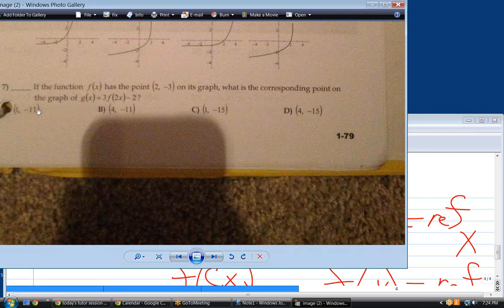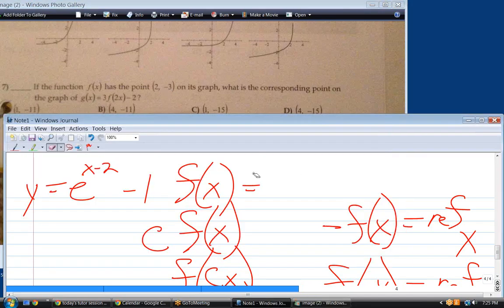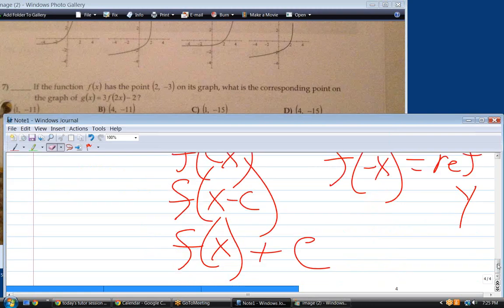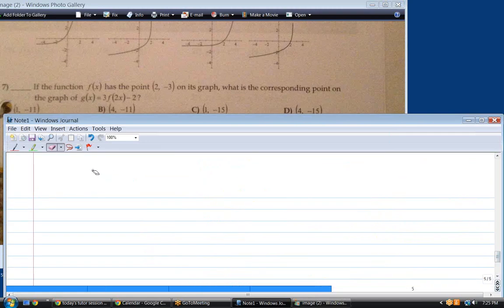In other words, remember what this 3 does. It stretches whatever the value of y was by a factor of 3. Well, in this function here, when I get to 2 on the x-coordinate, I'm at minus 3 on the y-coordinate. So if I said, well, what does 3 f of x do?